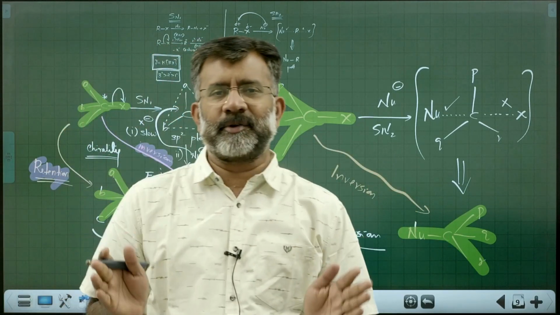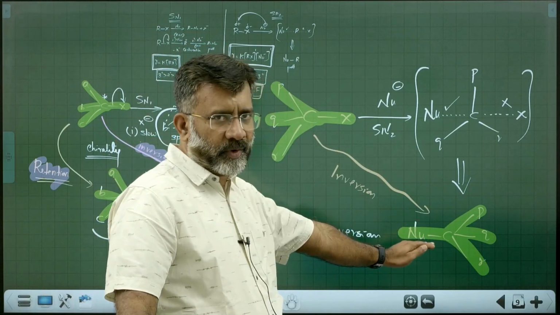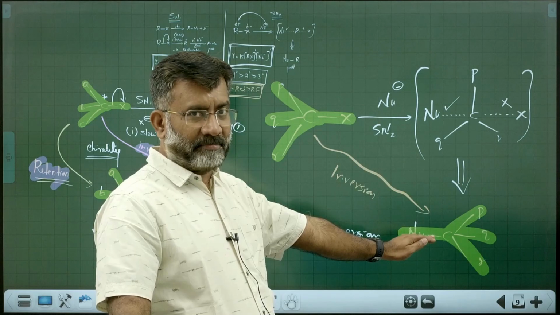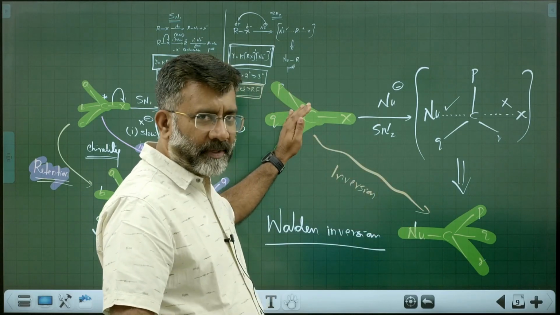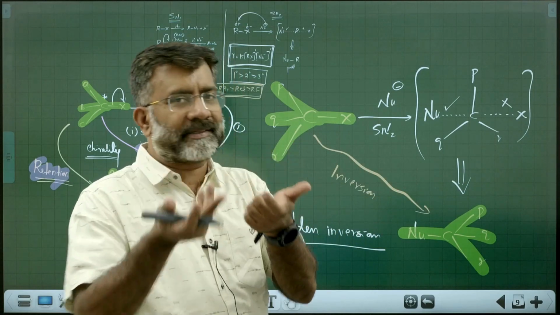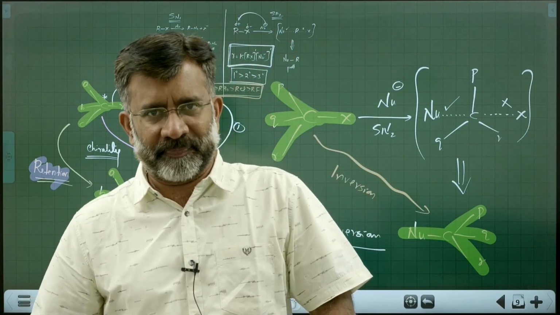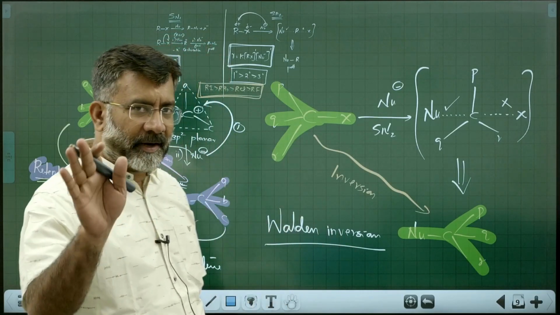But never make the mistake of thinking that if this is dextro, that is levo. Not like that. The configuration is inverted, but the optical rotation is not necessarily opposite.